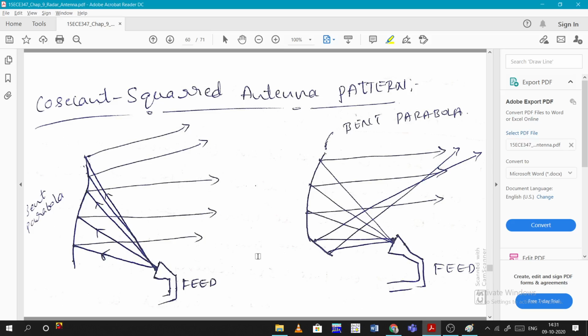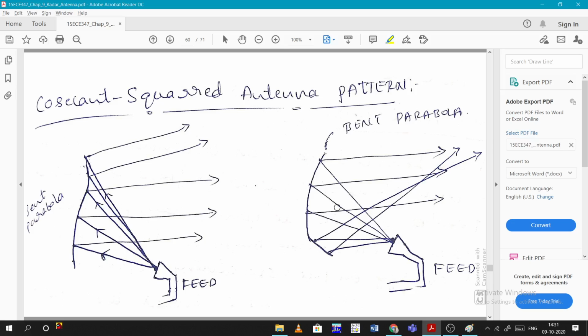Now coming to the cosecant squared antenna pattern. Basically the reflector will be in the form of a bent parabola, such that we can bend the reflector in whatever way we want.